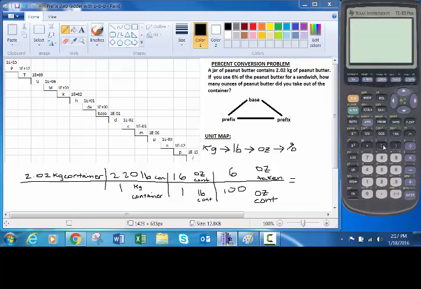We would say parentheses 2.02 times 2.20 times 16 times 6, close parentheses, divide, parentheses for the information that's on the bottom would be divided by 100, close parentheses, enter.